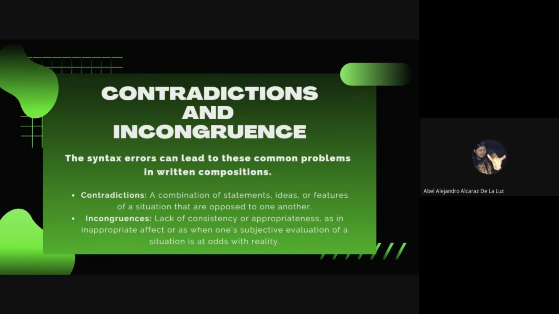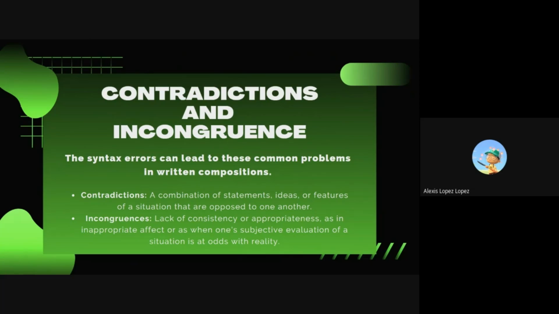Contradictions: a combination of statements, ideas, or features of a situation that are opposed to one another. Incongruences: lack of consistency or appropriateness, as in inappropriate effect, or as when subjective evaluation of a situation is at odds with reality. Thank you so much.